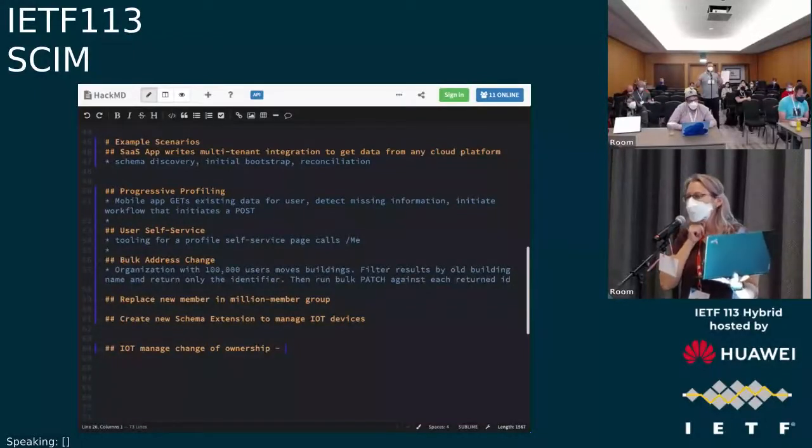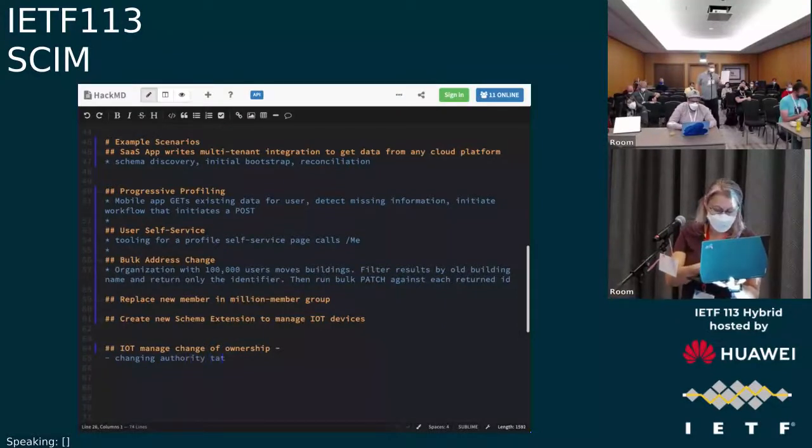So how do you change the authority that manages the keys and the trust relationship for a given set of objects? I think those two aspects are very important things to consider if you want to go into IoT.